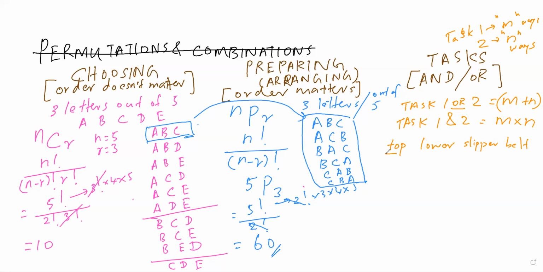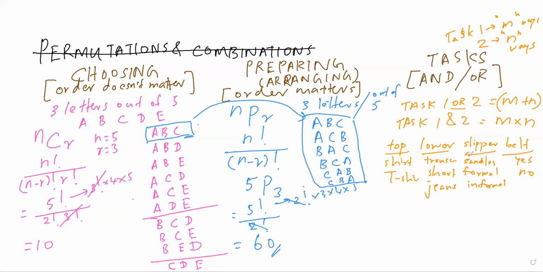So let's say for the top, you can either wear a shirt or a t-shirt. For the lower part, you can wear either a trouser, a short, or jeans. Okay, slippers, let's say sandals, formal, and informal. Okay, and the belt is either yes or no.